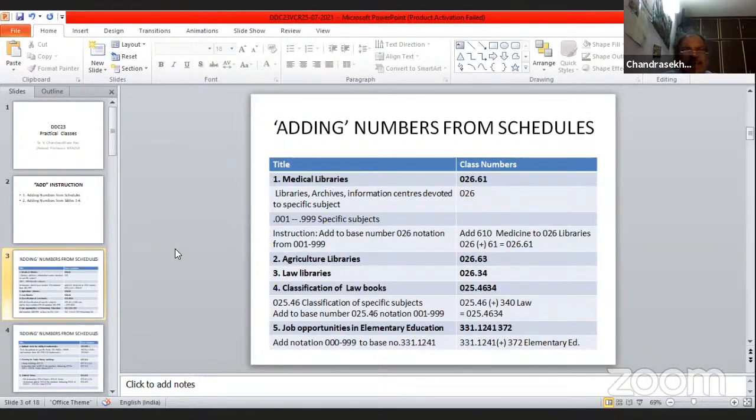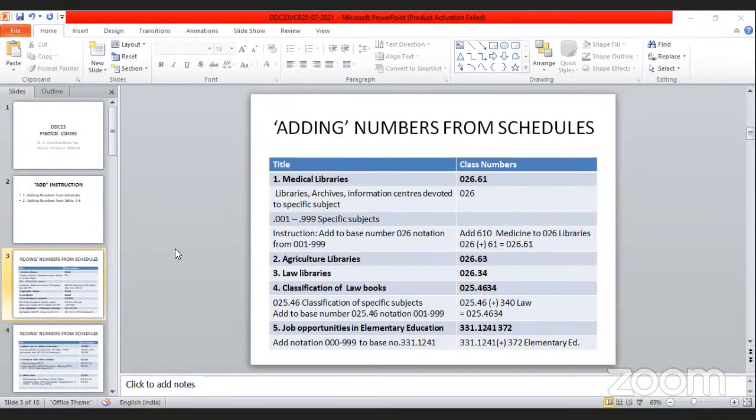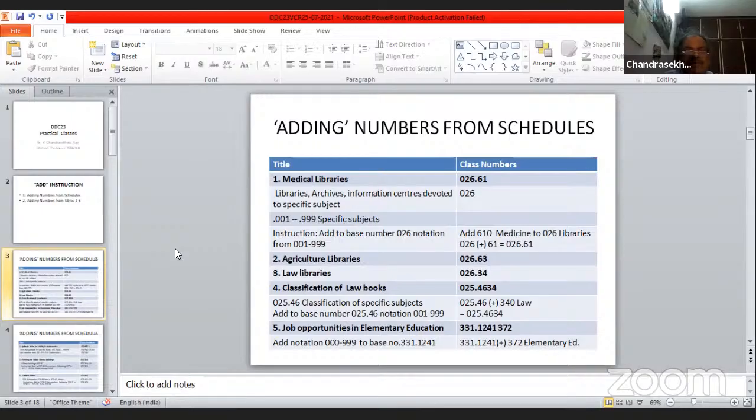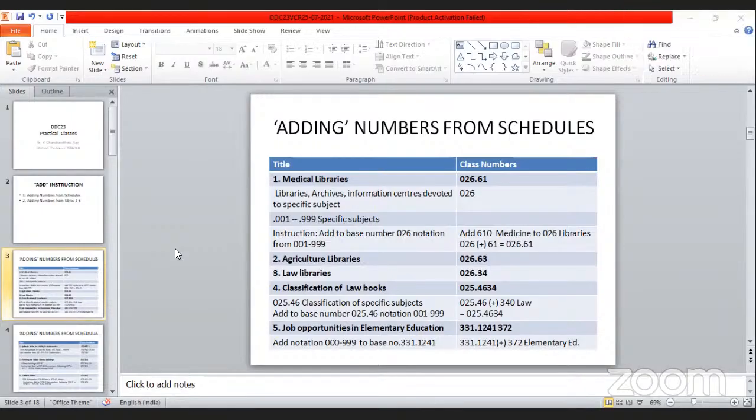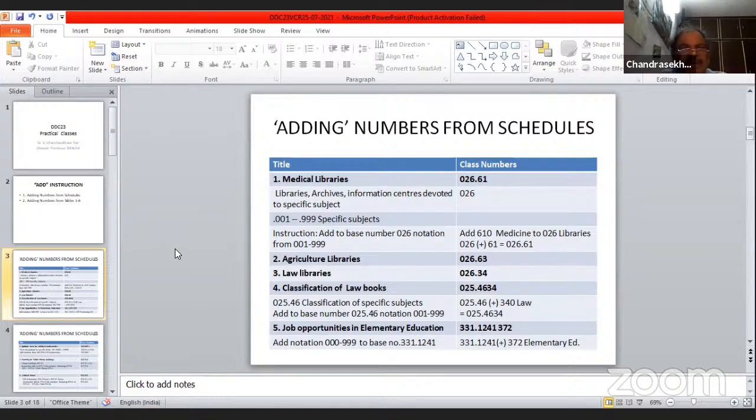So law libraries: 026.34. 340 is law, so 026.34. Now I will give you one more example, music libraries.